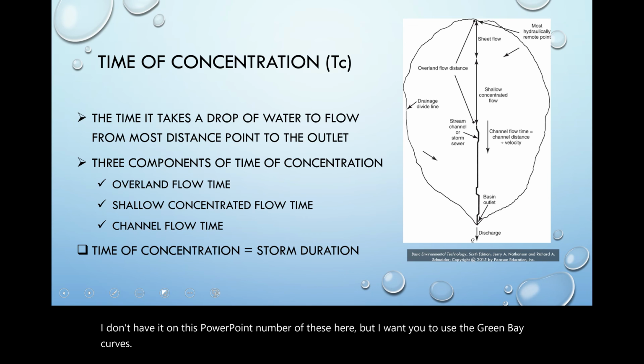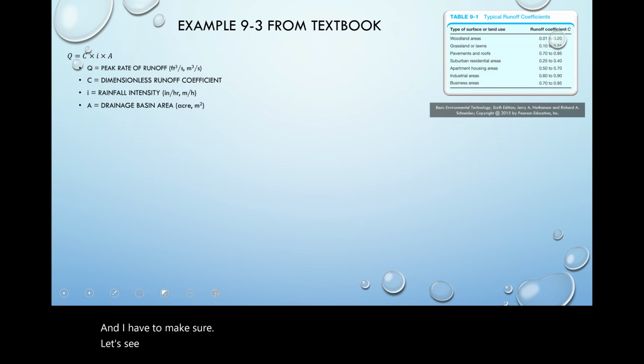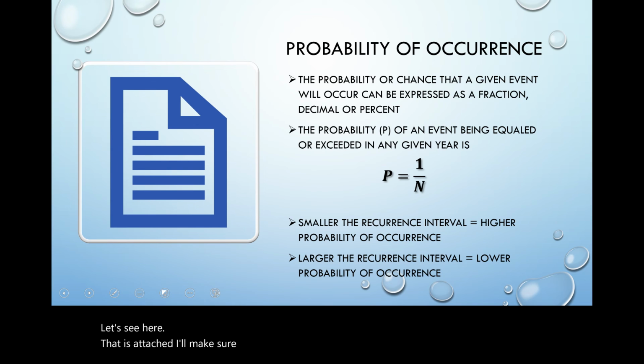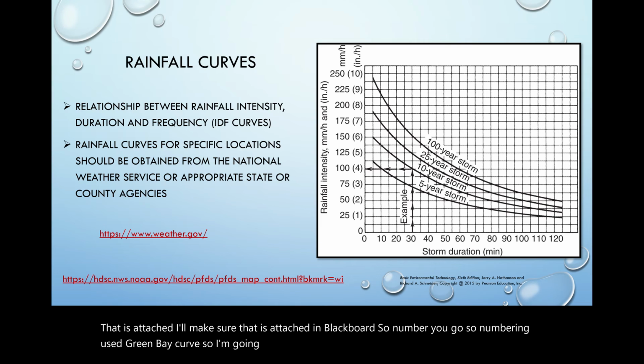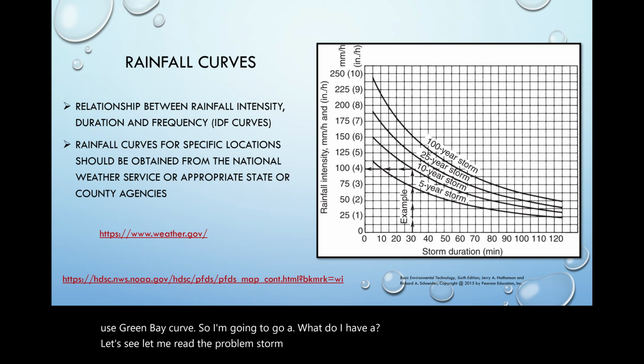I'll make sure that is attached in Blackboard, so you can use the Green Bay curve. Let me read the problem. Storm duration of 10 minutes and a 100-year storm. I find my intensity per hour based on that curve.